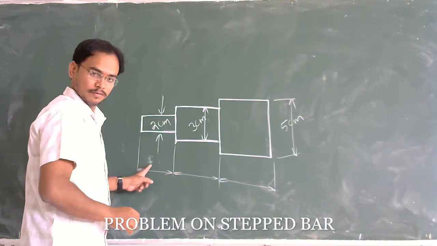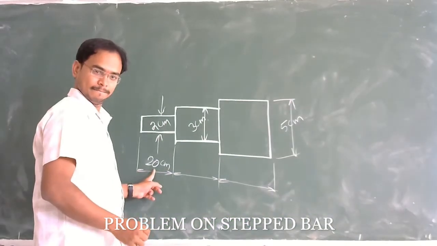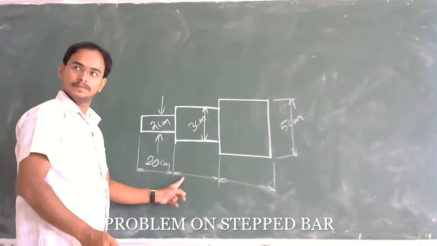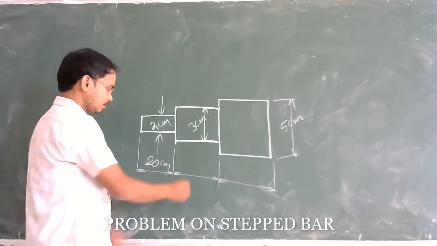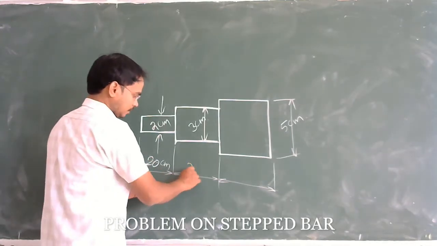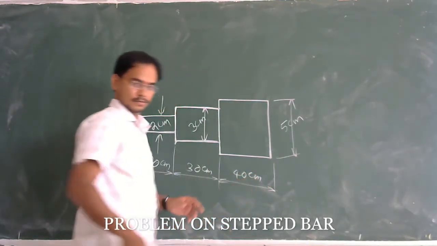Can you tell me what this length is? This is 20, right? This one? So for example, I am giving, say, this is 30 and this is 40 centimeters.